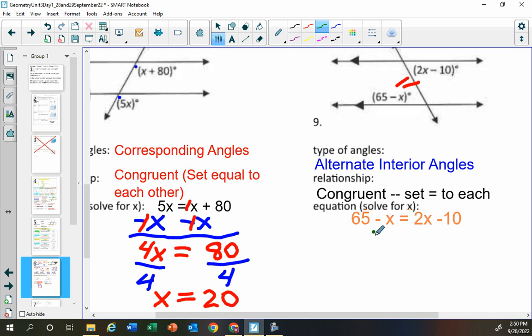Plus the x. All right, I'll give you that. You can plus x. All right, we're not done yet. It's going to be 3x minus 10.